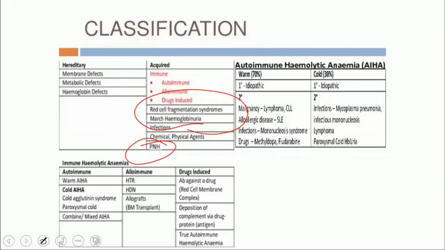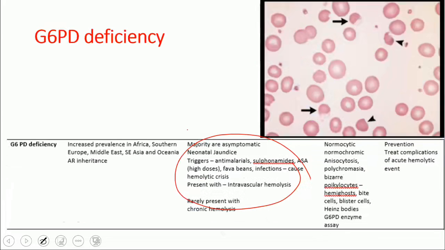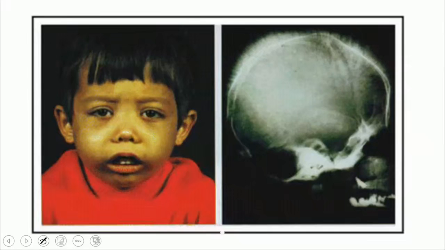For intravascular, PNH and some of these fragmentation syndromes. Right, and in the intravascular investigation findings, you will find hemoglobin in the urine, hemosiderin in the urine, and low circulating haptoglobin levels. Sometimes it will present as AKI also, right? Because of the tubular toxicity of hemoglobin.